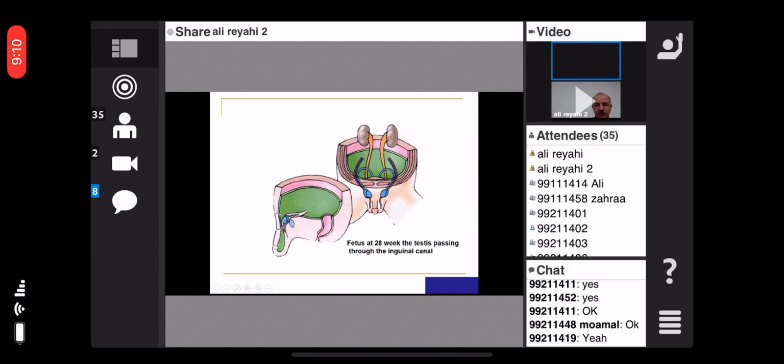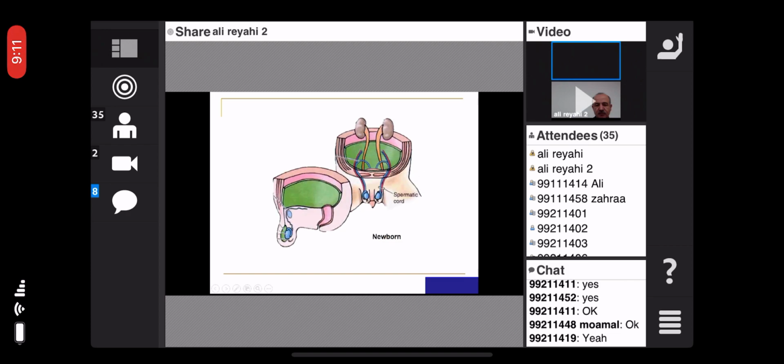This process of peritoneum is called the vaginal process, and then the testis can pass through the abdominal wall from the inguinal canal and enter the scrotum like this. Finally, the connection between the vaginal process and peritoneum is closed. Only a small space remains around the testis in the scrotum.